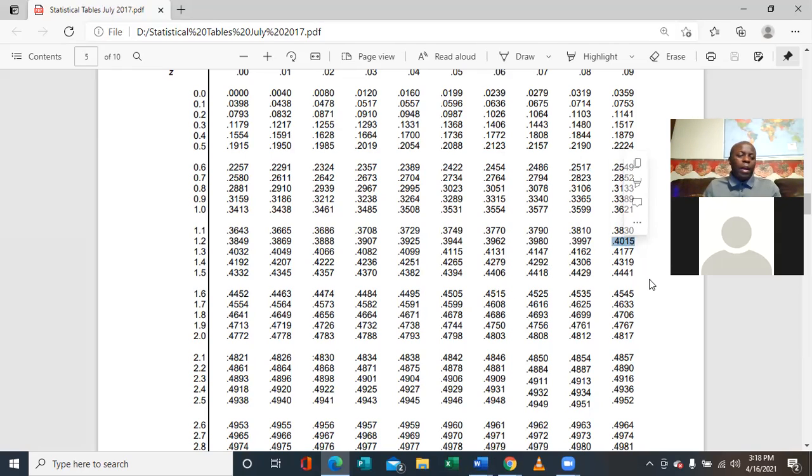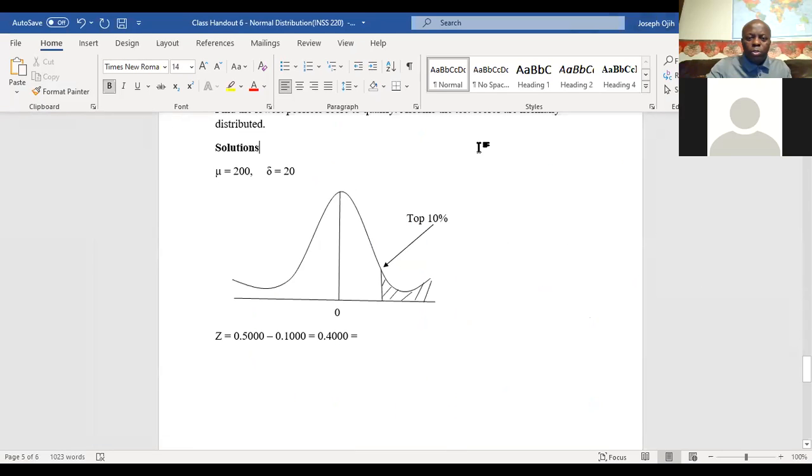So I will look at them as whole numbers. That makes it faster for us, and then we can see which of them is closer. So I'm going to take you to the paper. Let me do it on the rough side of this. We're looking at 0.4000, which is what we are looking for here.